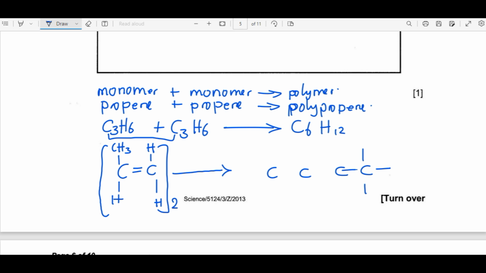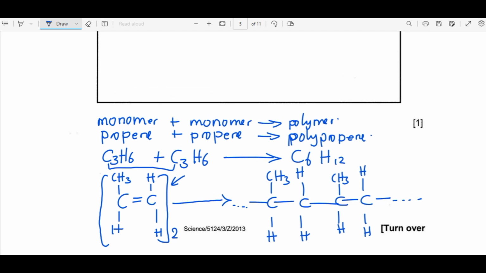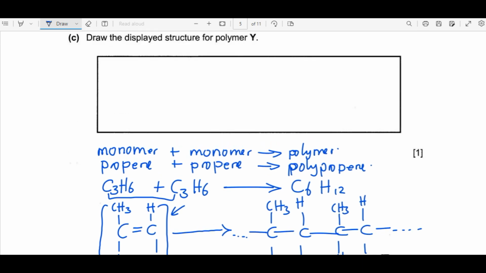Make sure that the polymer produced under addition must have single bonds. We don't need the double bond now. So we'll follow the pattern of the monomer that we have used, which is CH3, then hydrogen, hydrogen, hydrogen. Also here CH3, hydrogen, hydrogen, hydrogen. Then here you just have to leave it. So this is the polymer that we can have, given that we have used two monomers.